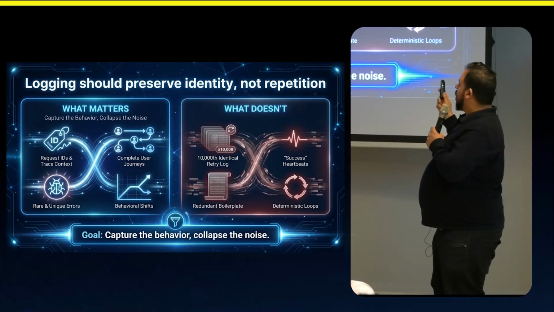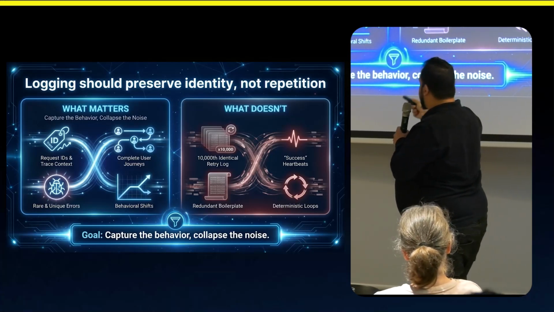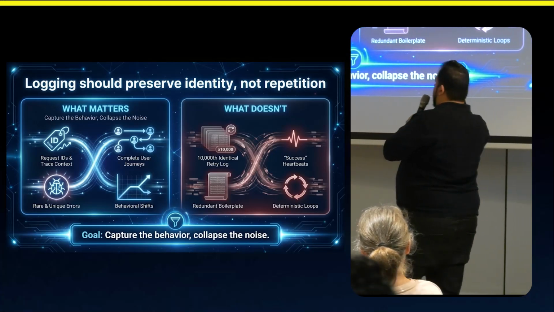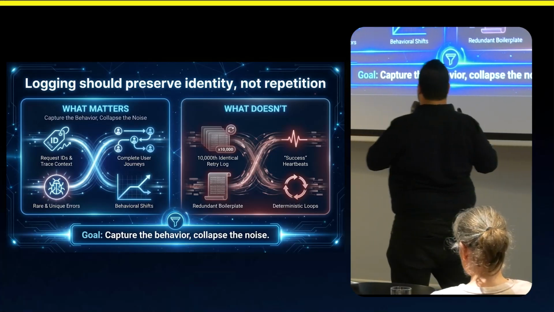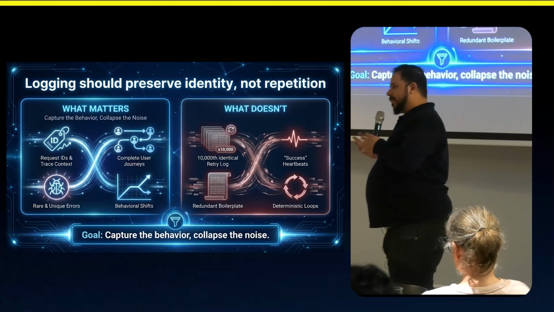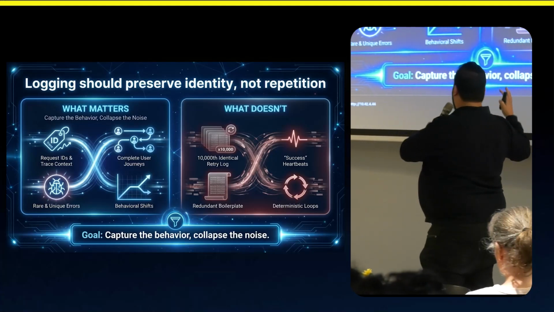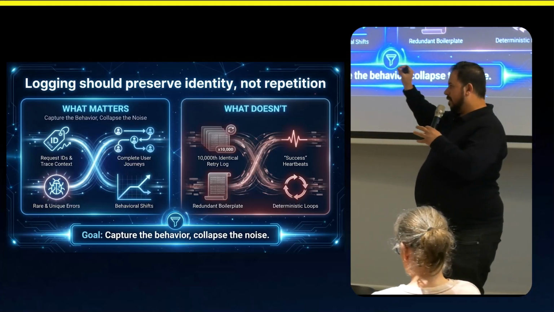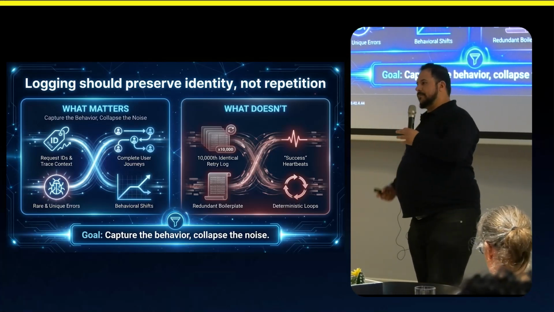What actually matters is the trace ID, the request IDs, the identity, the user journey itself, the flow, to understand what really happened. So eventually what's interesting about logs, and what we found out, is the behavior, not the noise, not the volume, not the specific event, but understanding the behavior of a system.